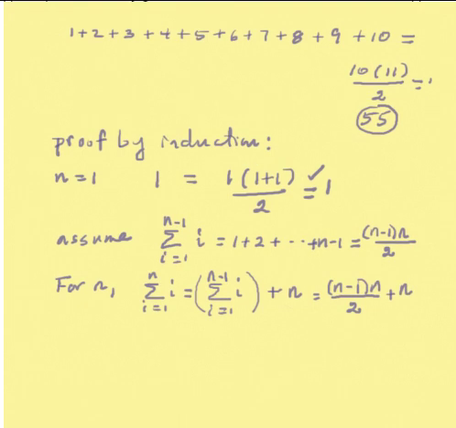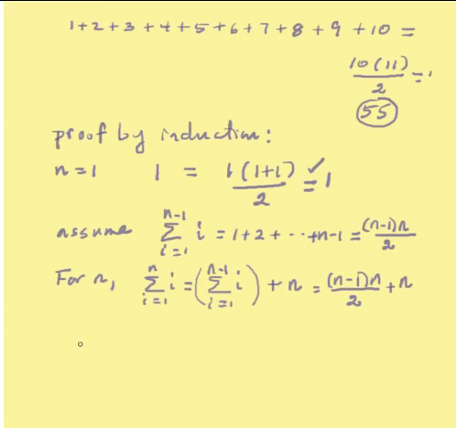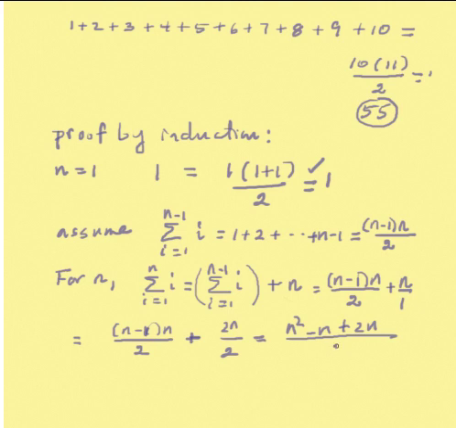And just get a common denominator, and let's add these together. n minus 1 times n over 2, plus the common denominator, 2n over 2. Let's multiply through here: n squared minus n plus 2n over 2.